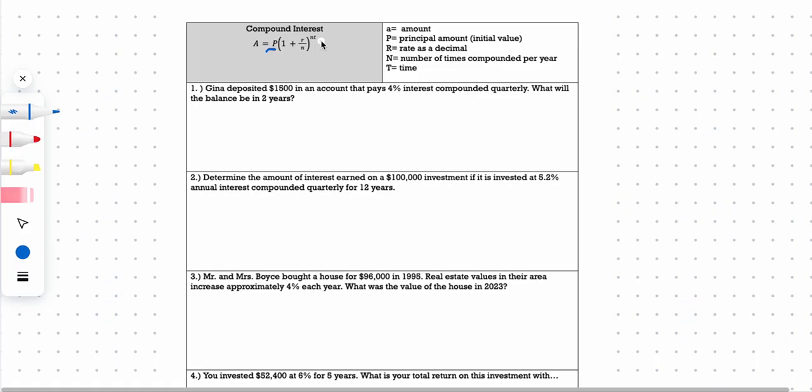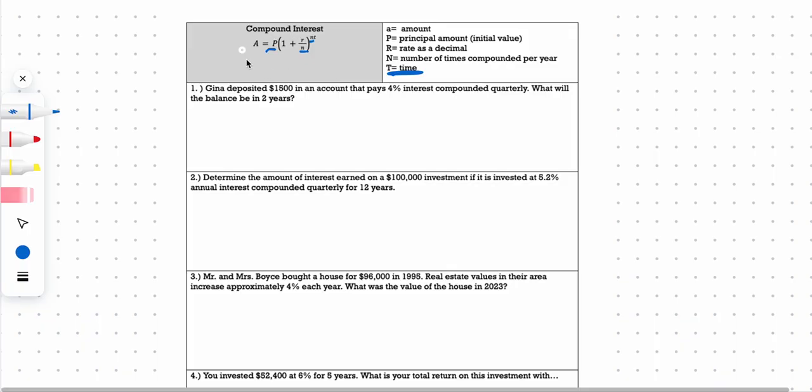We talked about that earlier today. N is going to be the number of times compounded each year. And we want to notice that it shows up 2 times. We divide R by N, and then we also have it in our exponent, multiplying by time. And they'll give us the units for time in each problem.